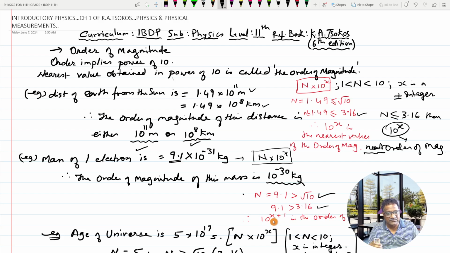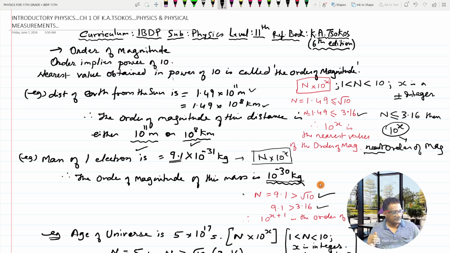So in this case, the nearest order of magnitude will be 10 raised to minus 31 plus 1, and minus 31 plus 1 is minus 30. So the nearest order of magnitude is 10 raised to minus 30 kg. You will understand from this how the order of magnitude is decided.